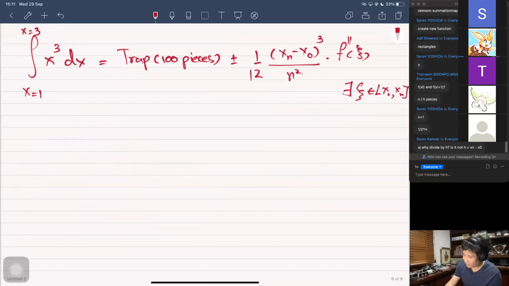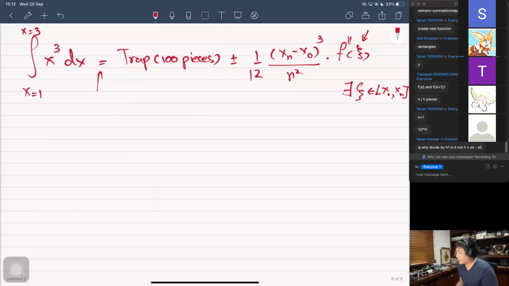This equal sign is the actual equal sign, though. You can actually prove it. That's why you need 1 over 12 over here. But you've seen this theme before: even though you know that they are equal, there's one problem. You don't know what c is, so you can only bound it. You can only be conservative with c.